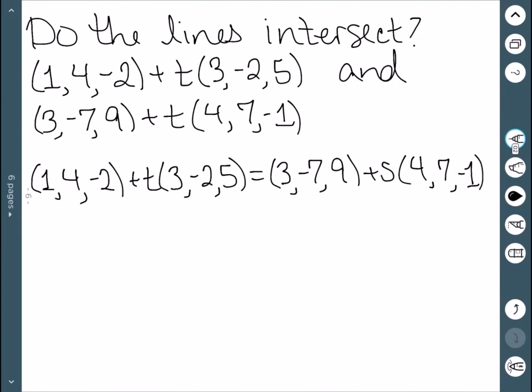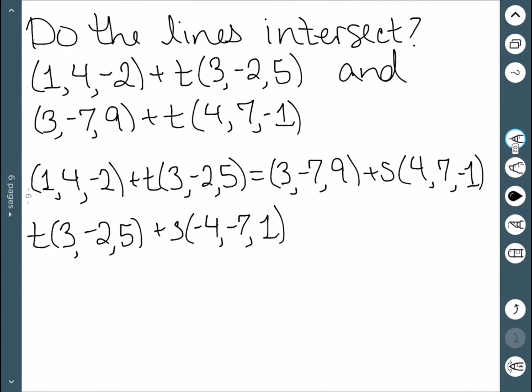Ideally, now we want our variables on one side and our constants on the other. So we'll do a little rearranging to get t times (3, -2, 5), plus s times (-4, -7, 1) is equal to (3 minus 1 is 2, -7 minus 4 is -11, and 9 minus -2 is 11).